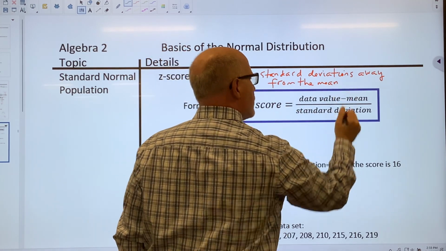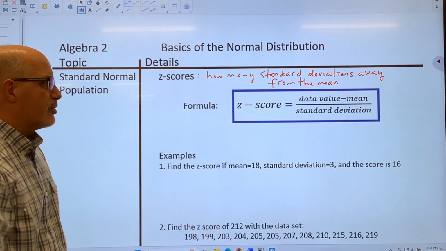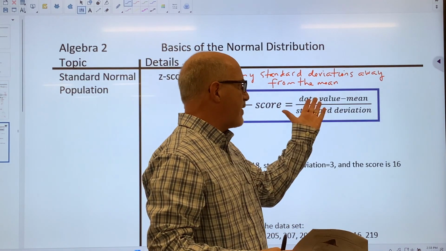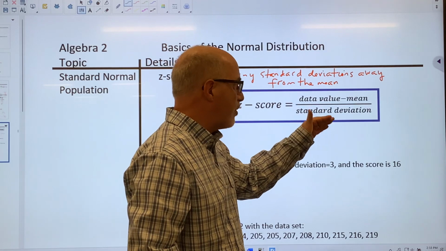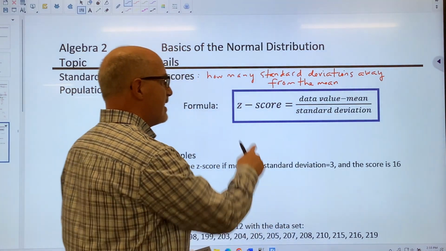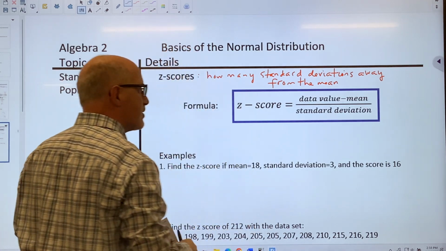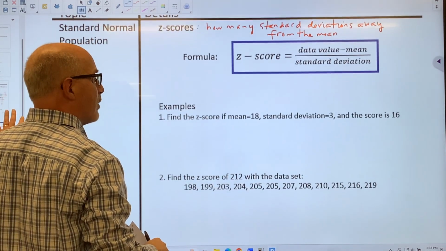So we're going to use the standard normal distribution for this. And so we'll use the data value, let's say we're dealing with heights. This might be a specific person's height. You subtract the mean of the heights and put it over the standard deviation of heights. This is a hyphen, that's subtraction. Z-score is what we call this value that we'll come up with.